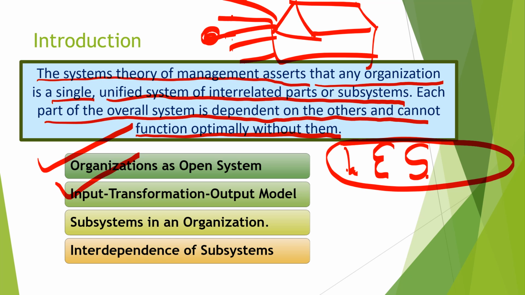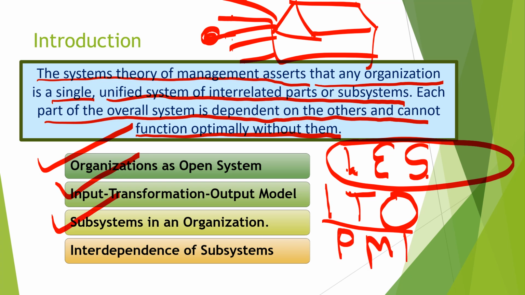So organizations receive the input from the external environment, transform them with the help of managerial functions and deliver output back to the environment. Number three, subsystems in an organization. So key functional areas, for example production, marketing, finance, HR, they are all interrelated subsystems within the system.